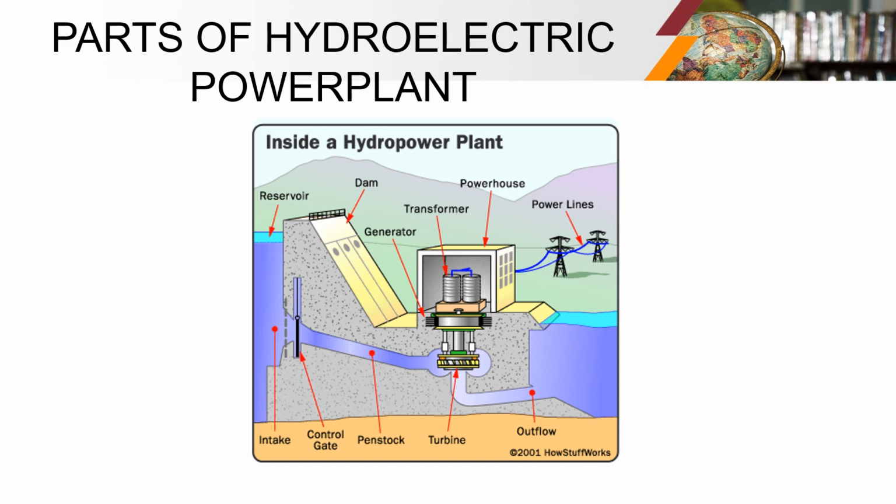So, that is the end of the hydroelectric power plant. Dun siya nagtatapos sa tailwater. The tailwater flows pabalik doon sa ating source ng water, which usually is a river or any bodies of water.